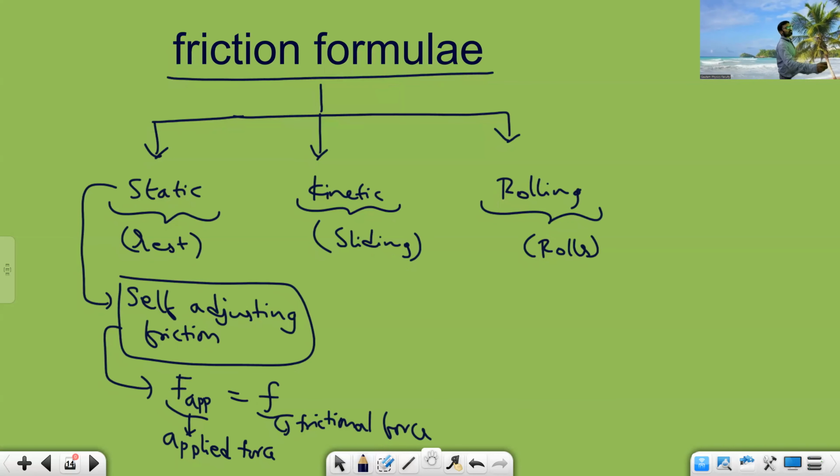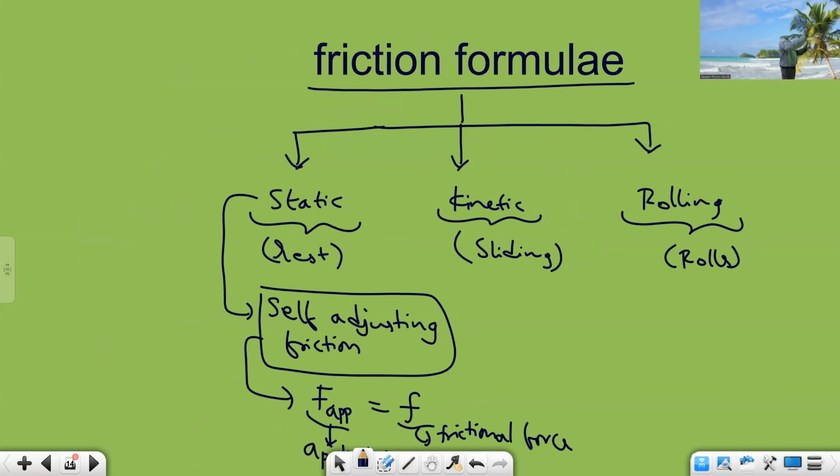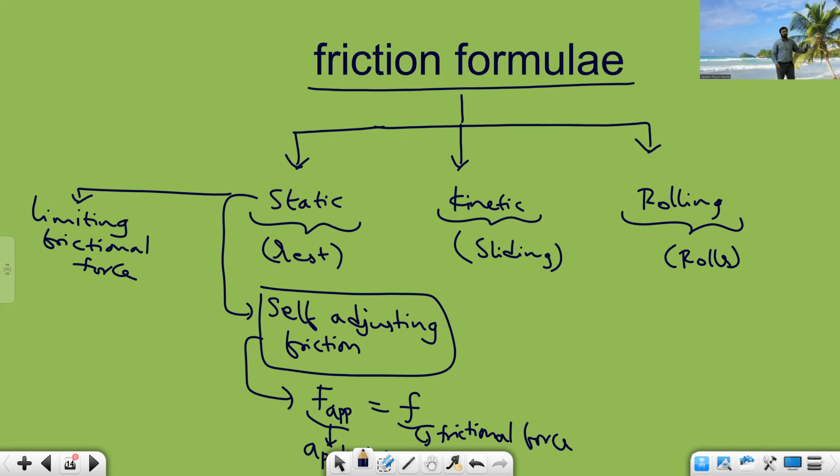There is one additional point in static. What is the additional point in static, sir? In static, we have to know one more thing called limiting frictional force. Limiting frictional force is the maximum value of static friction, maximum static friction.